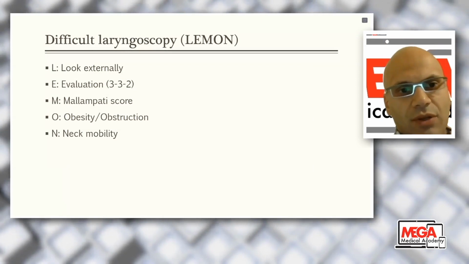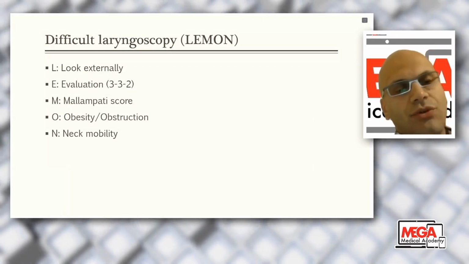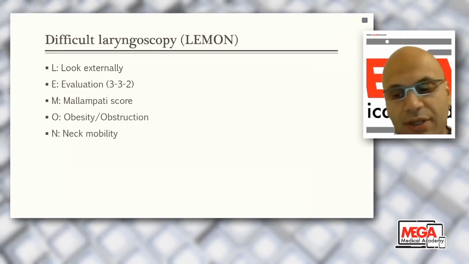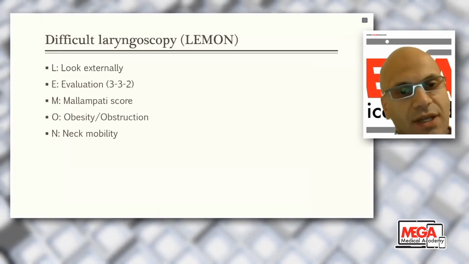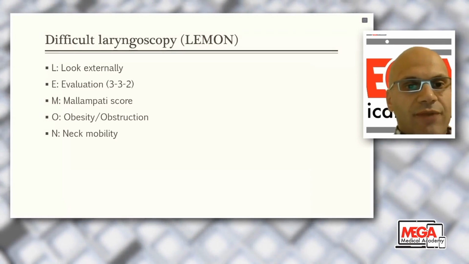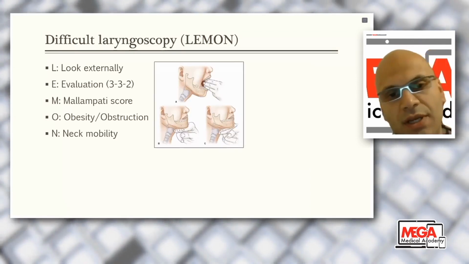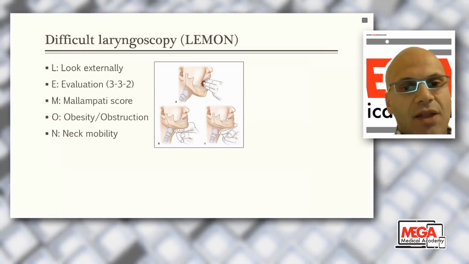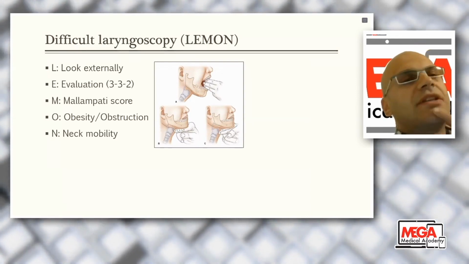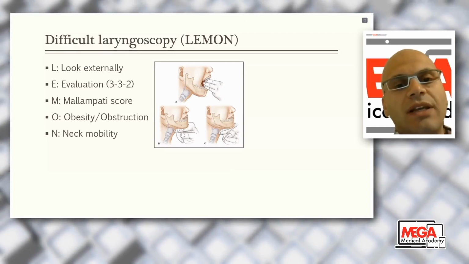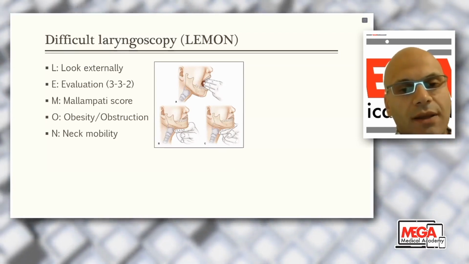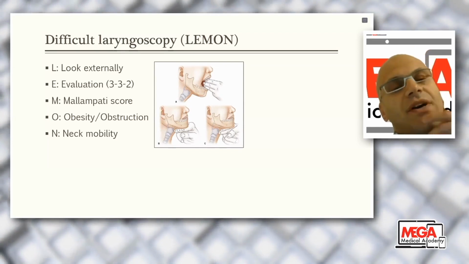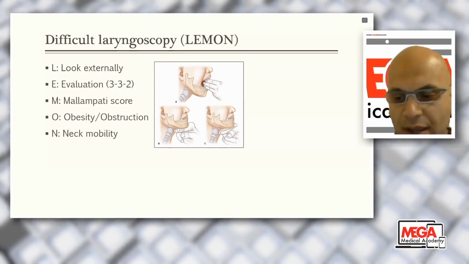L is for look externally: facial trauma, beard or mustache, big tongue, or prominent incisors. E is for evaluate 3-3-2: 3 fingers for the mouth opening, 3 fingers between the mentum and the hyoid bone, and 2 fingers between the hyoid bone and the thyroid. This 3-3-2 rule is to ensure the alignment of the pharynx, larynx, and trachea.